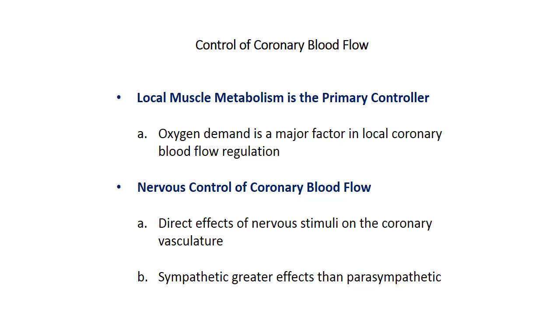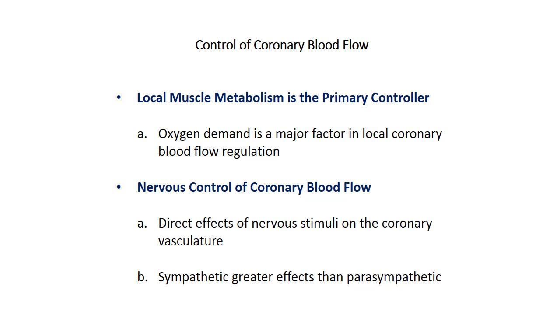The second control of blood flow is nervous system control. Direct effects result from the action of nervous transmitter substances, such as acetylcholine from the vagus nerve and norepinephrine from the sympathetic nerve, on the coronary vessels.